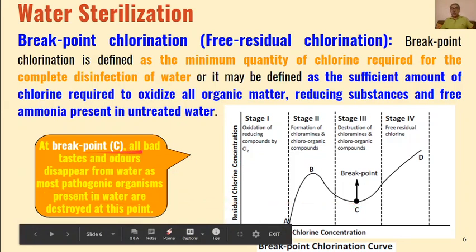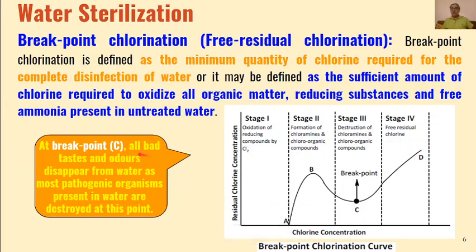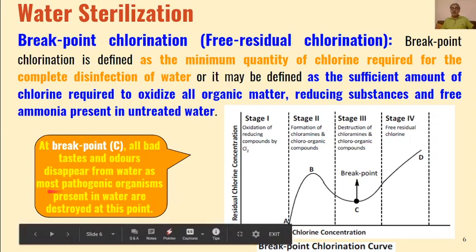So that means at breakpoint C, all bad taste and odors from the untreated water will disappear, and most pathogenic organisms present in water are destroyed at this point, point C, and this point is called the break point.